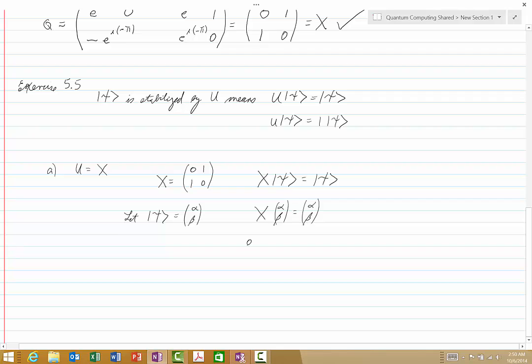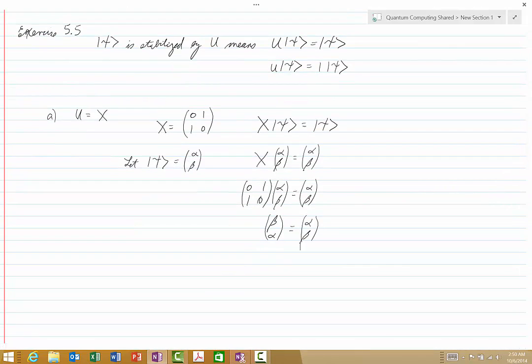And so let's see what that tells us. When we substitute in for X, we have 0, 1, 1, 0 times alpha beta is equal to alpha beta. And so if we do the matrix multiplication on the left, this gives us beta alpha is equal to alpha beta.